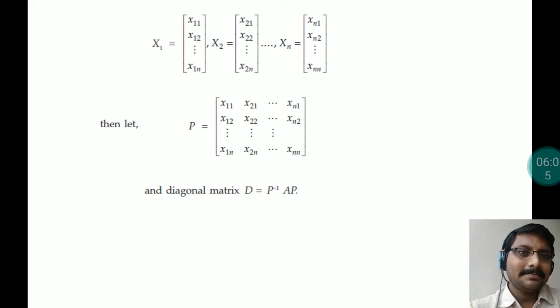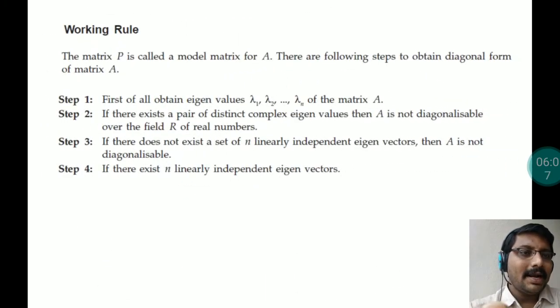So these are the simple steps to check whether the matrix A is diagonalizable. The first step is to find the eigenvalues. If step 2 or step 3 fails, A is not diagonalizable. That is, if complex eigenvalues occur, A is not diagonalizable.